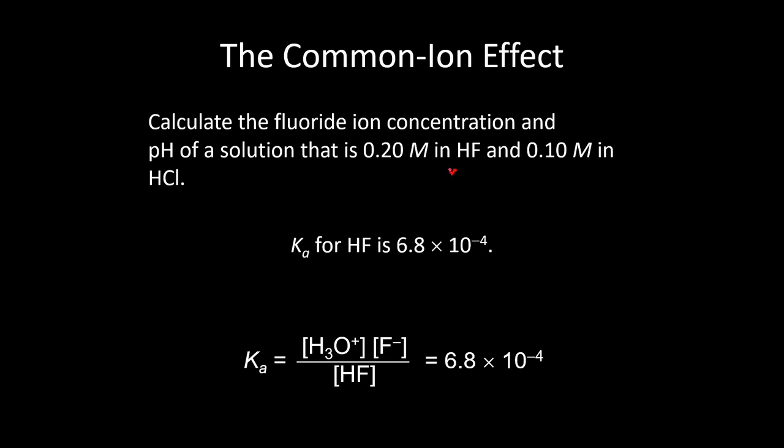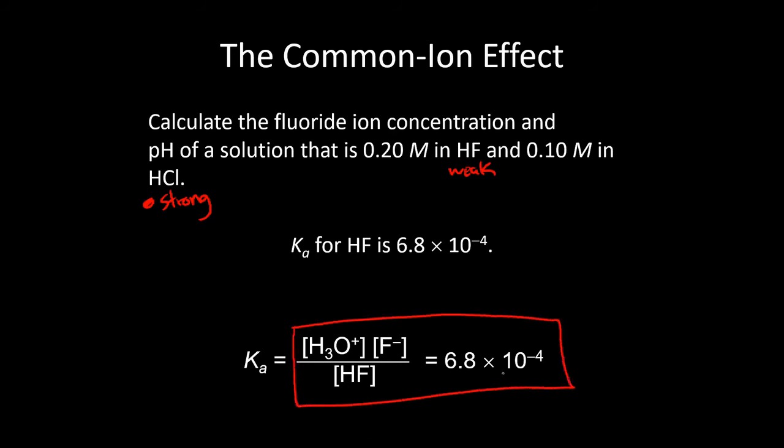The HF is weak, and the HCl is a strong acid. So the Ka for HF is 6.8 times 10 to the negative 4. So we know that the equilibrium that's going to exist is this equilibrium here. 6.8 times 10 to the negative 4 is equal to H plus times F minus over HF.